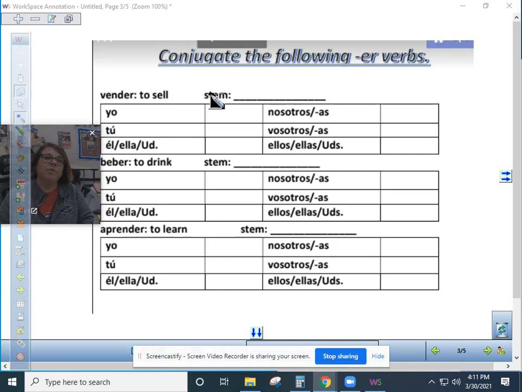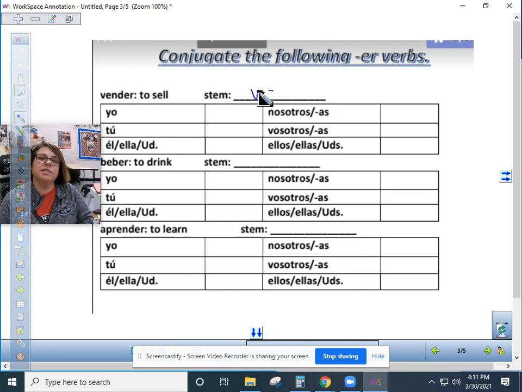Okay, so here we have the verb vender, to sell. The stem is everything that's left after you drop off the ER. So you take the stem for all of these, and then you're just going to add your endings after. Or you can do it all at once, it doesn't matter. Okay, so here's your stem, then you just add your endings.